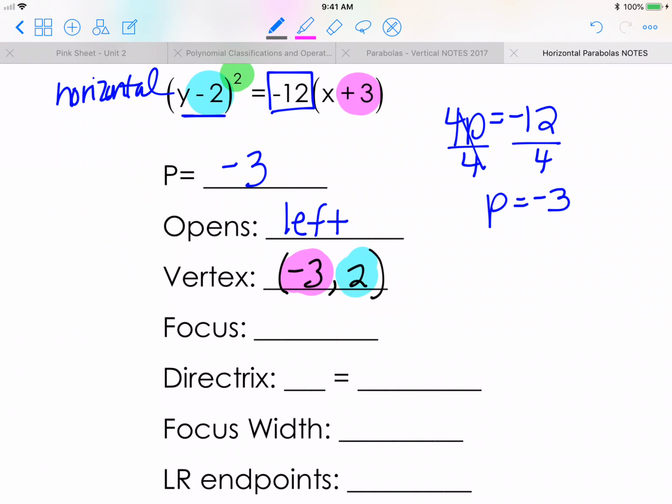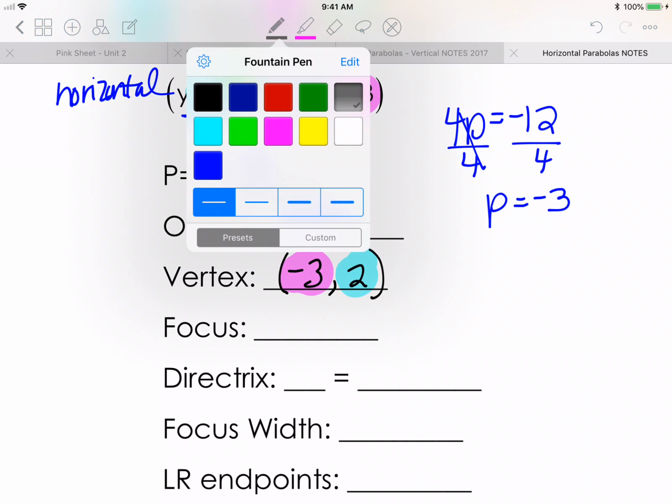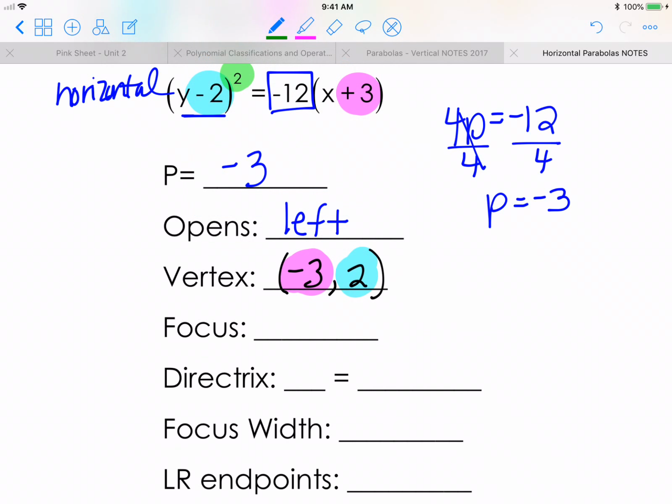And then let's look at your focus. So again, our focus is going to be h plus p comma k. So let's see, h is negative 3 plus a negative 3 for your p, comma, your k is 2.